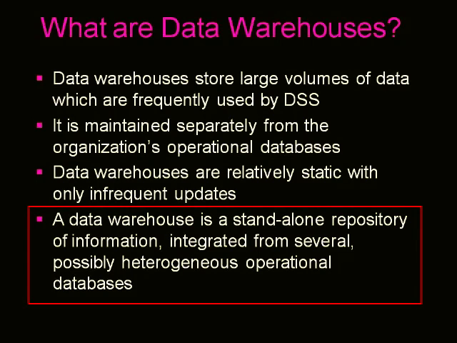A data warehouse is a standalone repository of information integrated from several, possibly heterogeneous, operational databases. Standalone repository means a central database, the data warehouse. How is this repository built? This repository is developed by integrating data from several heterogeneous operational databases.